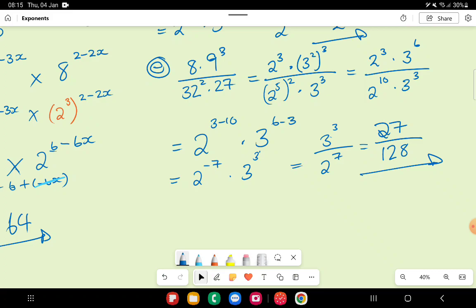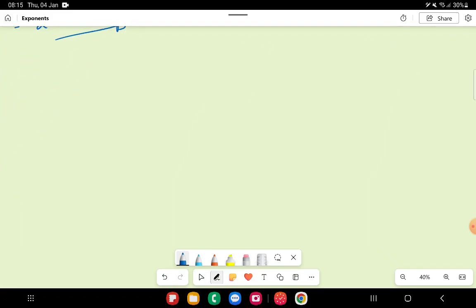Okay, 2 more to go. Question F is going to be 2 to the power of -4 plus 2 to the power of 4. All right, so how do we do this one? Any questions? Any answers? Let's see.